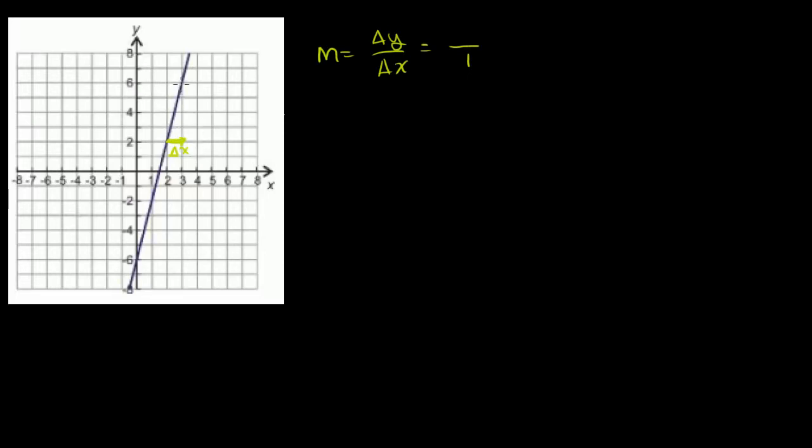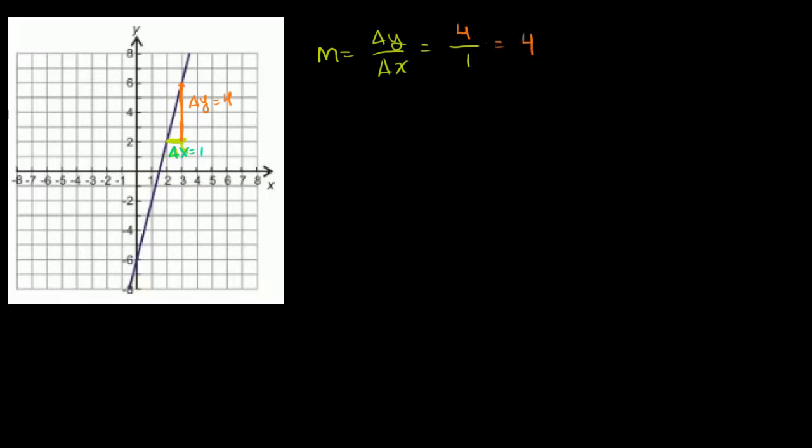It looks like y changes exactly by 4. My change in y is equal to 4 when my change in x is equal to 1. So the slope is equal to 4.